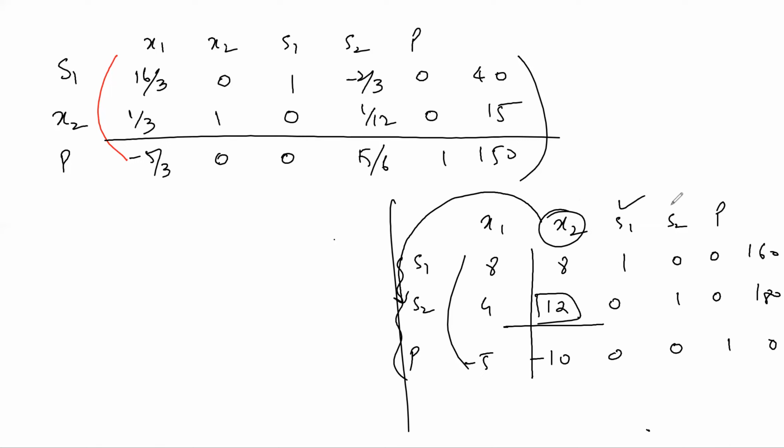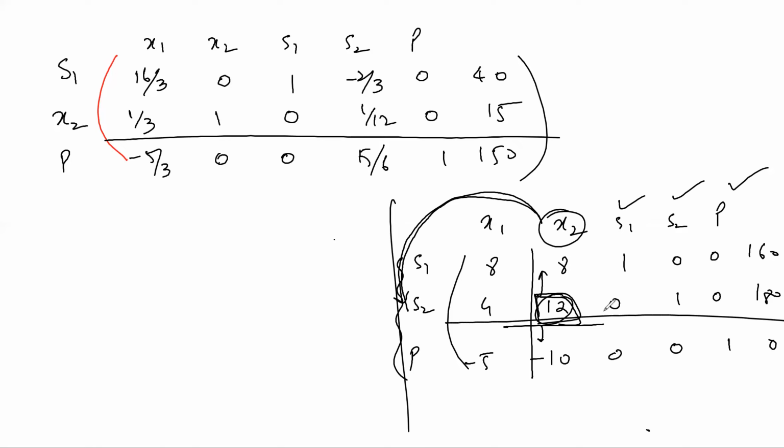S1 was initially a basic variable, S2 was initially a basic variable, P was initially a basic variable. Now with the help of this 12, we will make a 0 above and below, and we will convert this 12 into 1. So x2 will become a basic variable and it will move into the pivotal row position.